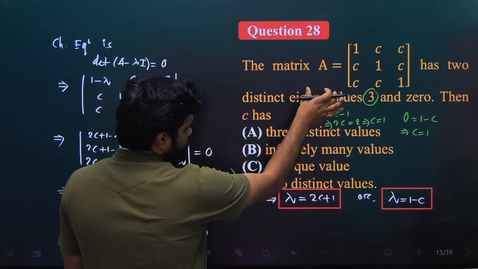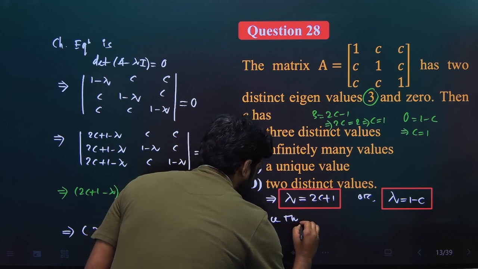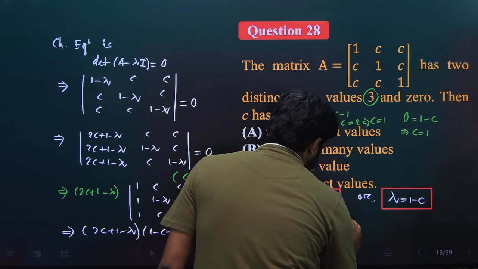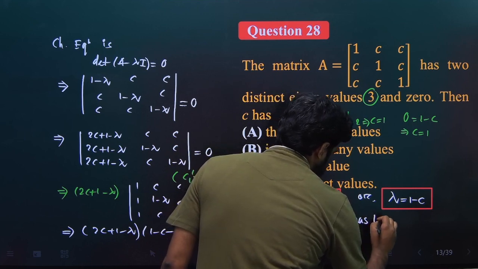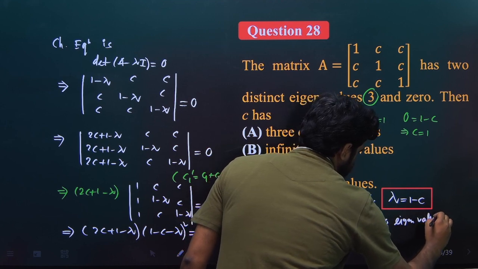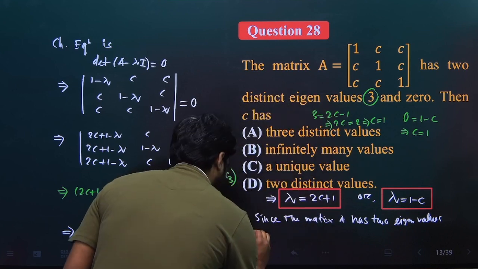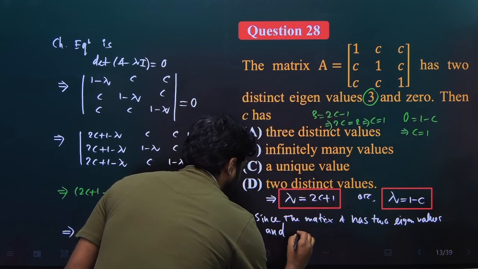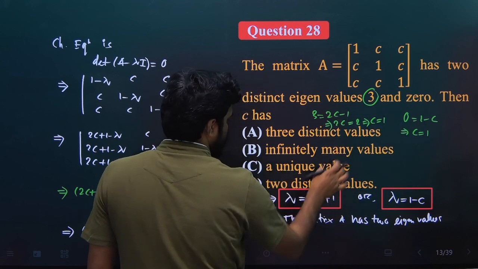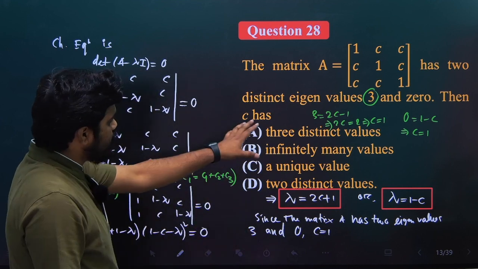Since the matrix A has two eigenvalues 3 and 0, what we get, just see, we get for this c is equal to 1 and also for this c is equal to 1, so that is we get unique values.